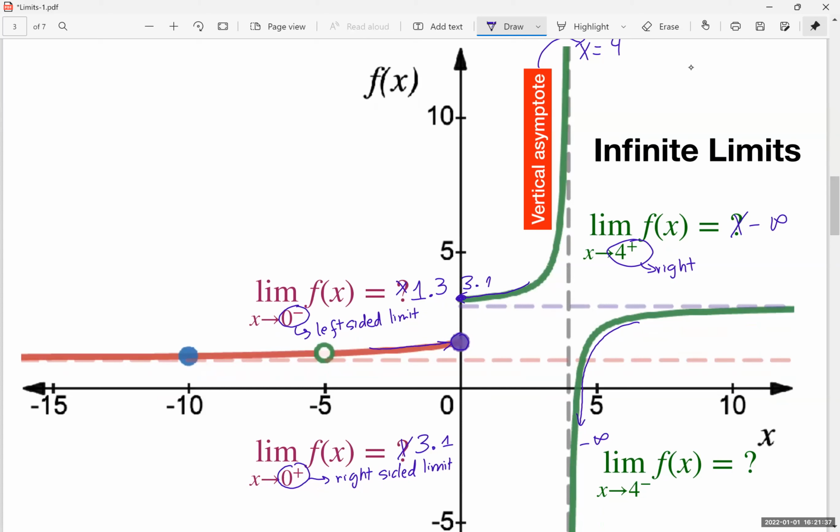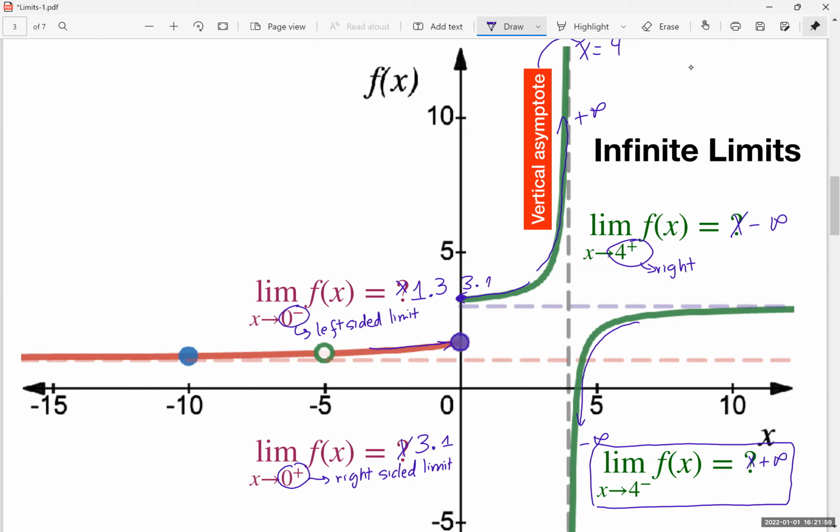And if you look at the limit of f of x when x goes to 4 from the left, the function keeps going up to positive infinity, meaning the limit from the left side of 4 is positive infinity.